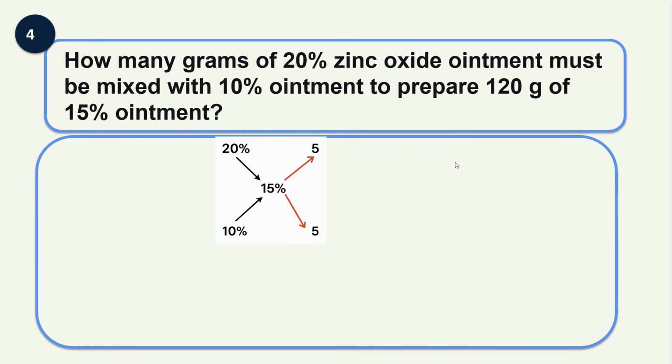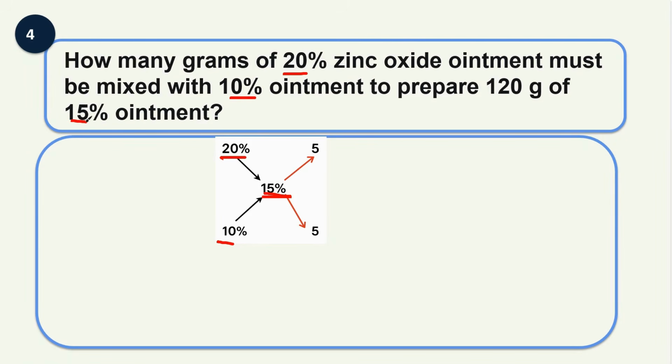To get this calculation, you can use a method called the alligation method. The alligation method is used for mixing two mixtures to get one new concentration. So you arrange that here on the left hand side, you have a 20% and then you have 10%. In the middle, use the desired concentration that is 15%.